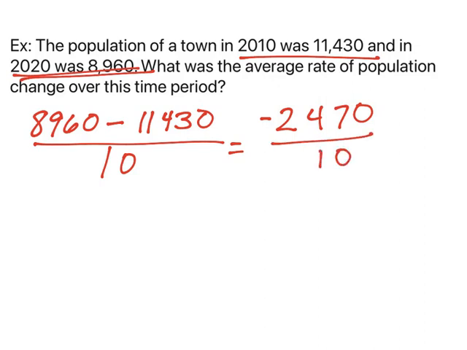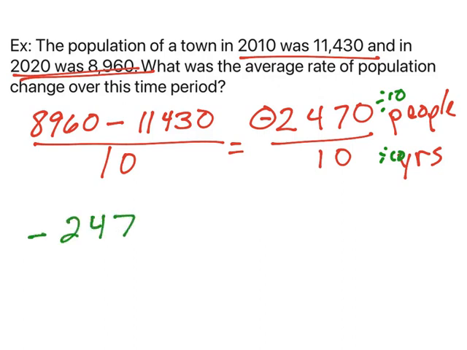So again, this is the population decrease because of the negative here. So this many people, 2,470 people over 10 years. Now we can reduce that by dividing the numerator and the denominator by 10. So we would get negative 247 over 1. That means the population decreased.